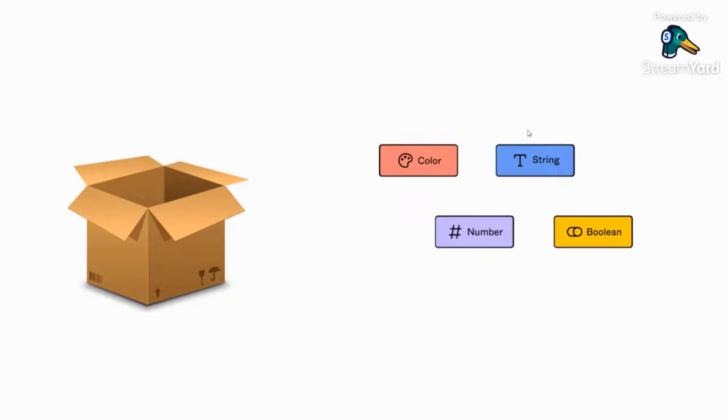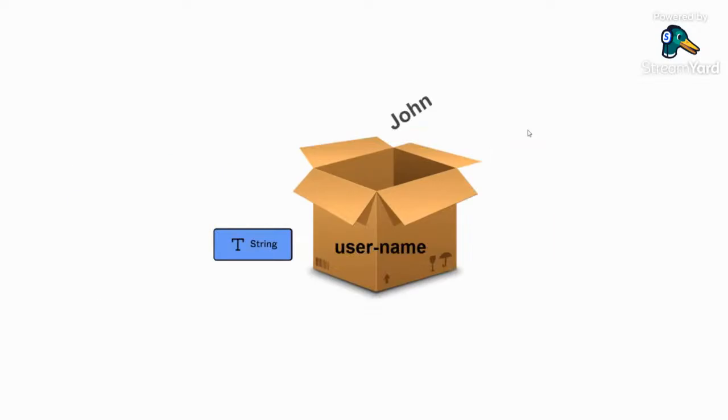We can put something in this box of type color, string, number, or Boolean, which has true or false values. Imagine this box is called username, is of type string, and we can put the name John in it.